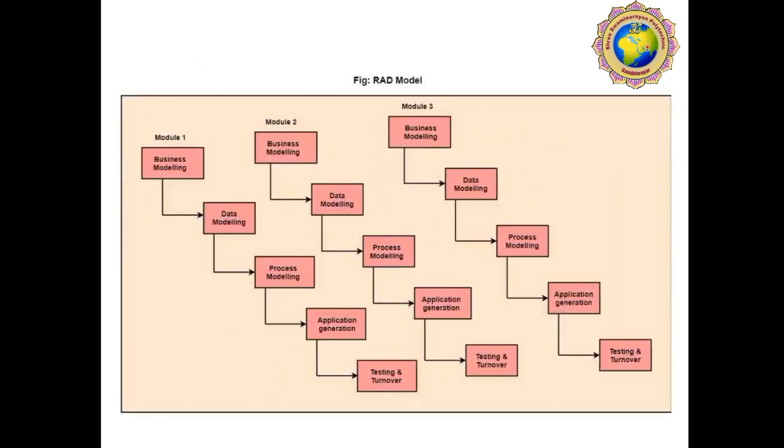So what is the figure concept for the RAD model? Here is given a module. This is our module. This one is our data modeling, then process, then application generation, testing, and the last one is turnover. So these are the phases of our RAD model.